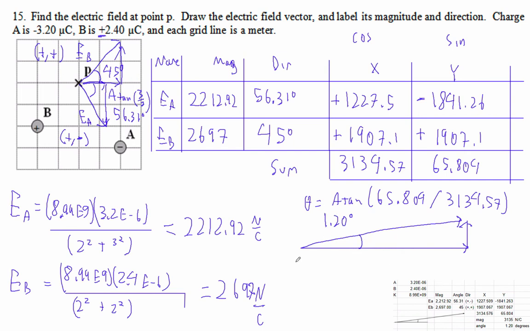Okay, let's find the magnitude. My magnitude is going to be the square root of 3134.57 squared plus 65.804 squared, which is going to be remarkably close to this, the way square roots work, right? Okay, so let's find the 3134 squared.